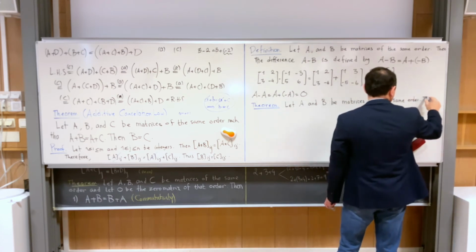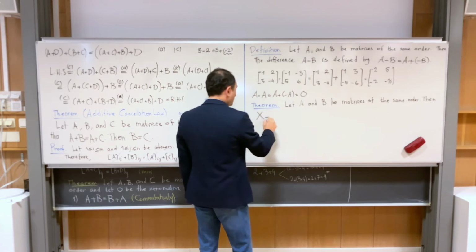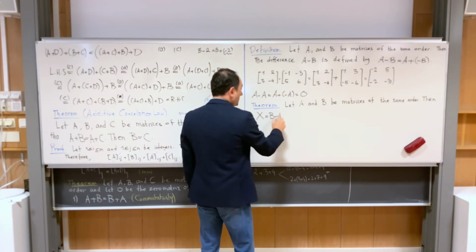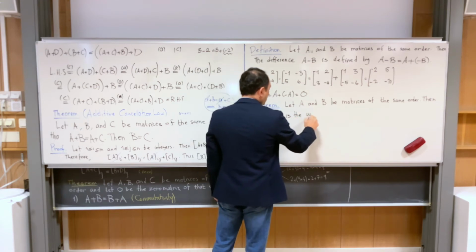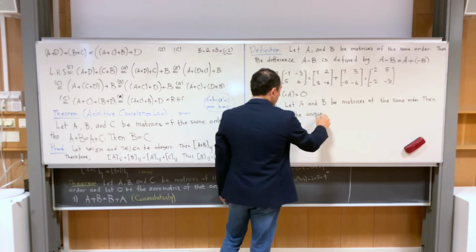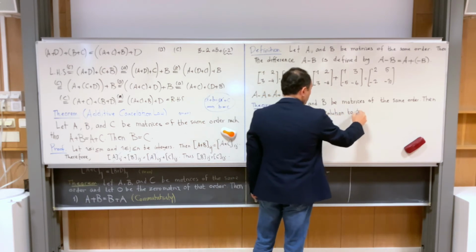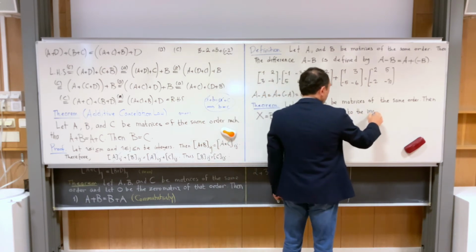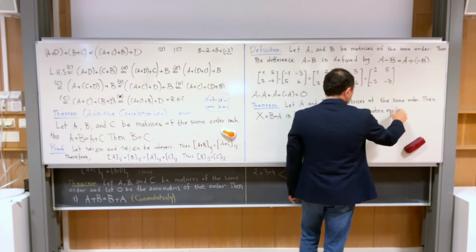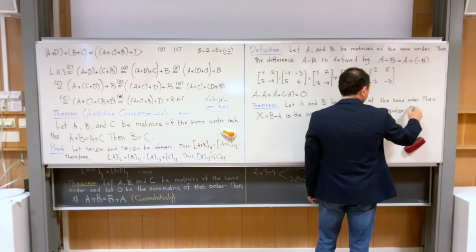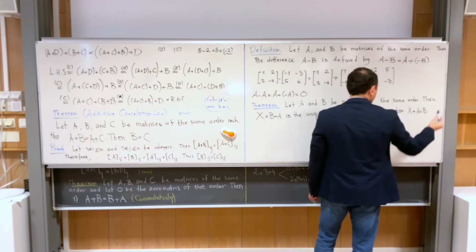Then, let us write it in this form. Capital X equals B minus A is the unique solution to the matrix equation X plus A is equal to B.